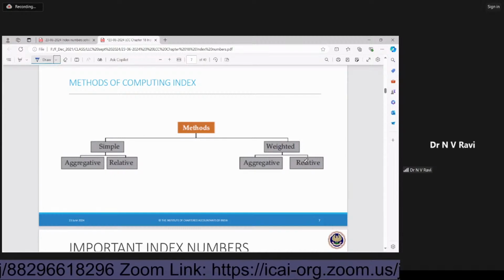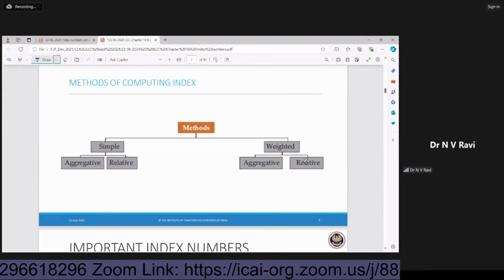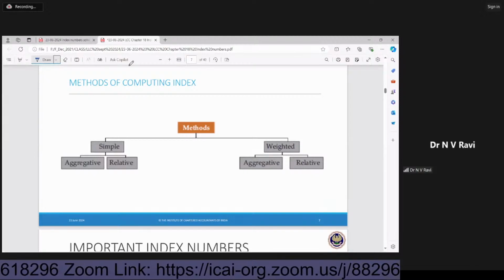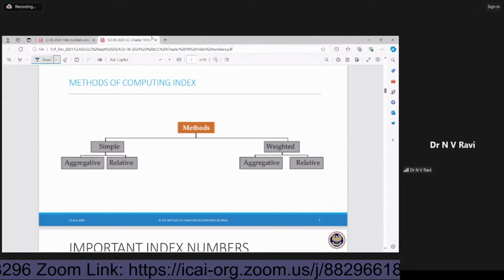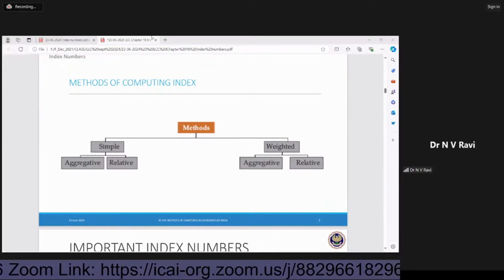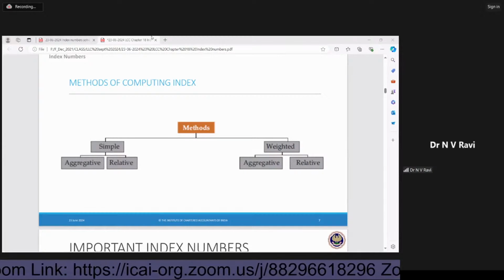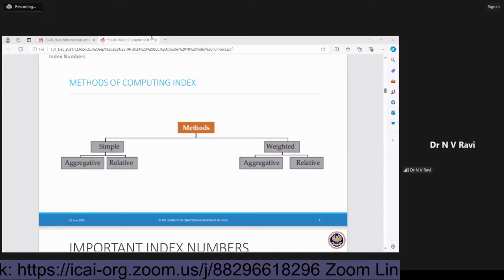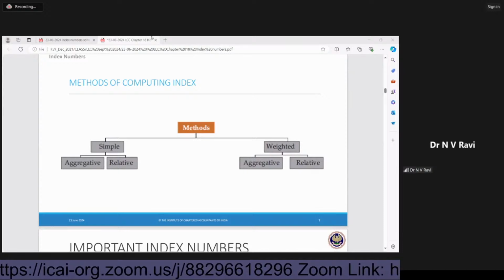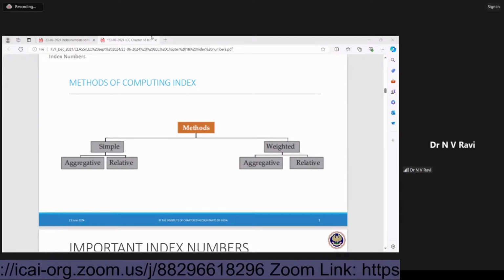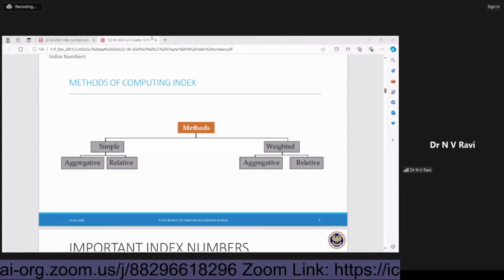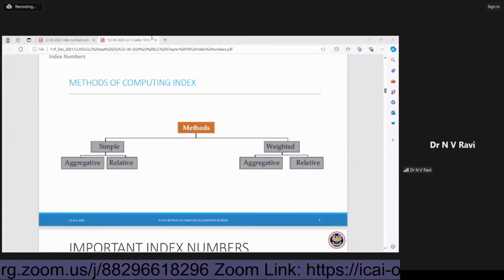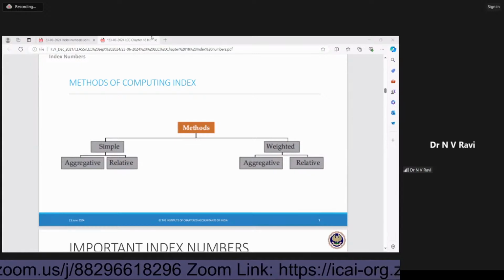In this method, the average of both the current year quantity and the base year quantity is taken as weights. Next, the fourth one, a very important index number, is Fisher's index number, which is the geometric mean of Laspeyres and Paasche index numbers.